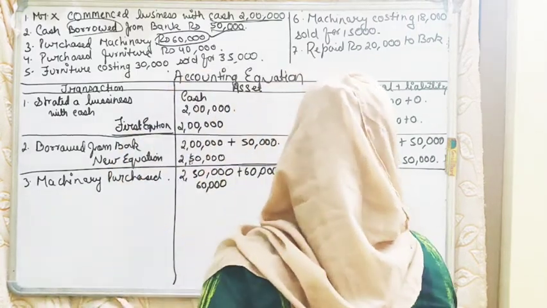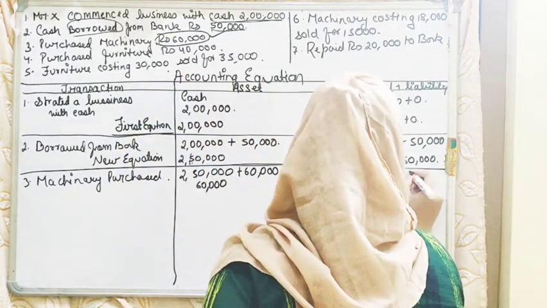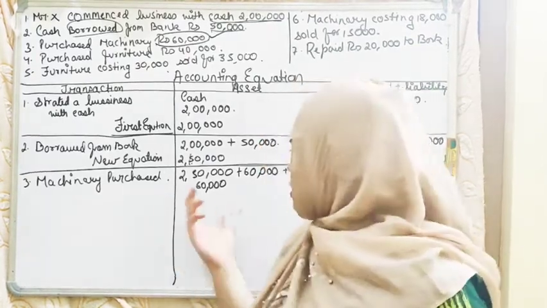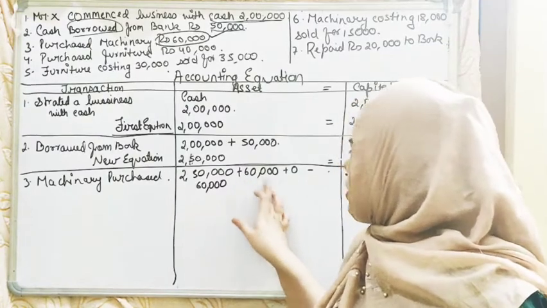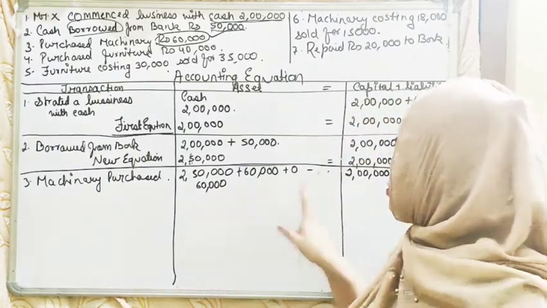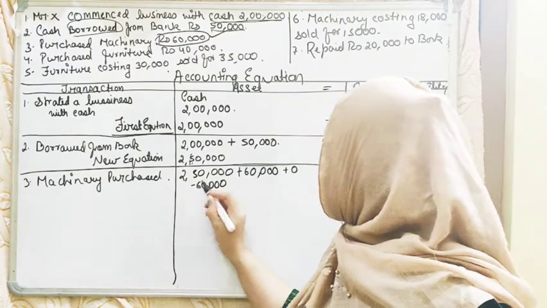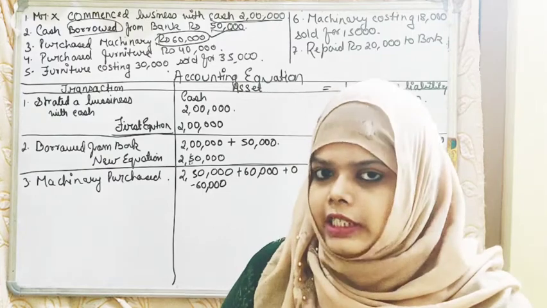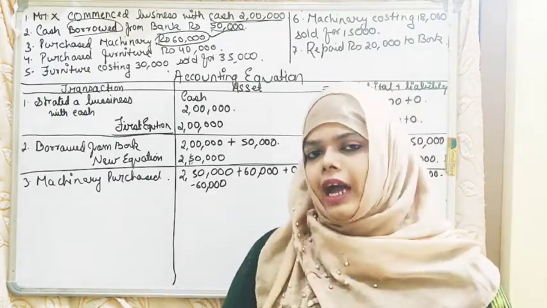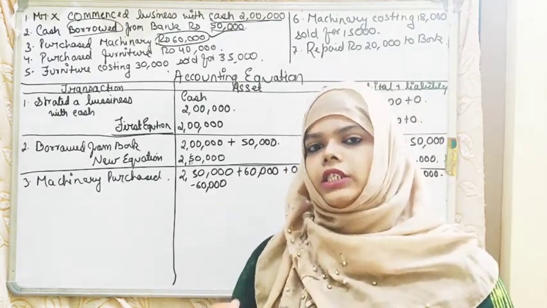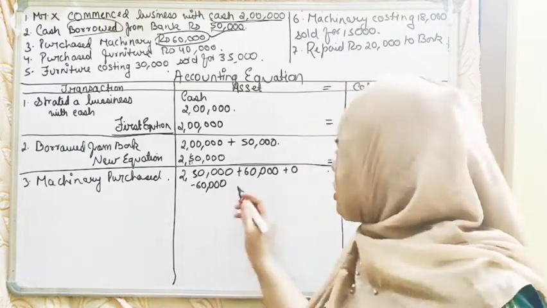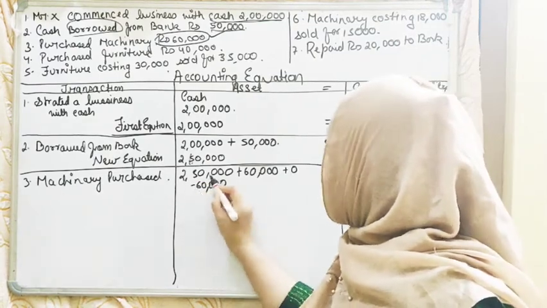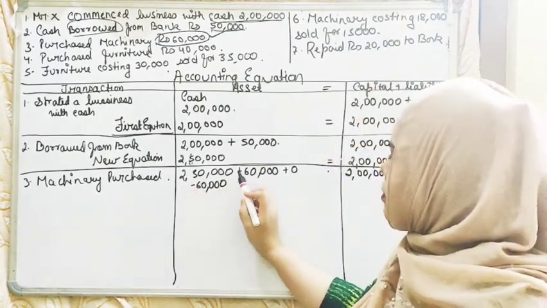And we have 2 lakh plus 50,000. So listen here, guys. We have written plus 60,000 plus 0 minus 60,000. Why? Because plus 60,000 is the machinery worth rupees 60,000 coming inside the business, and minus 60,000 is the cash of rupees 60,000 going outside the business. So this amount of 60,000 will be subtracted from 2,50,000.